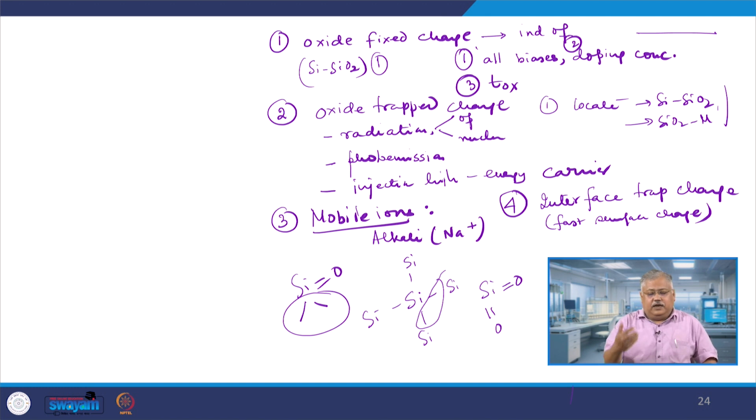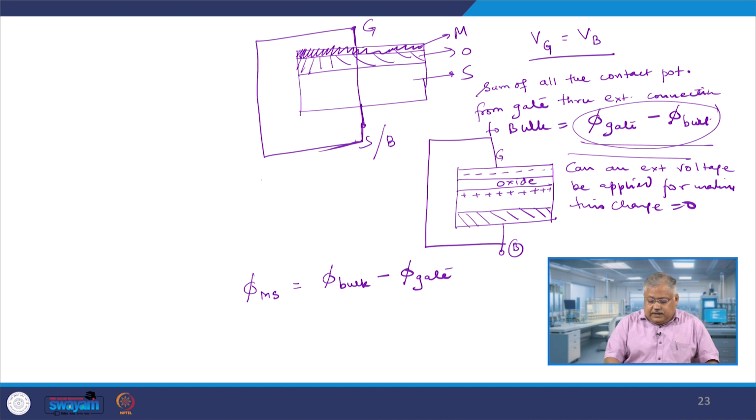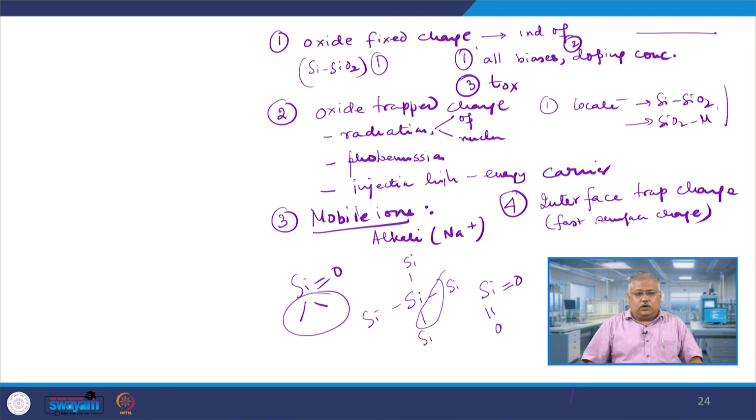It is very easy to reduce them to a very low value, and that is the advantage of a mature fabrication technology. Go back to my previous discussion: if these charges are reduced, this phi ms which you see will also get reduced, and this affects certain characteristics of the device at later stages, and that is what we are going to learn in subsequent classes.